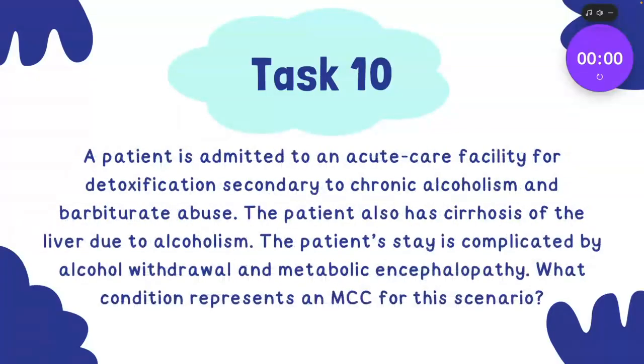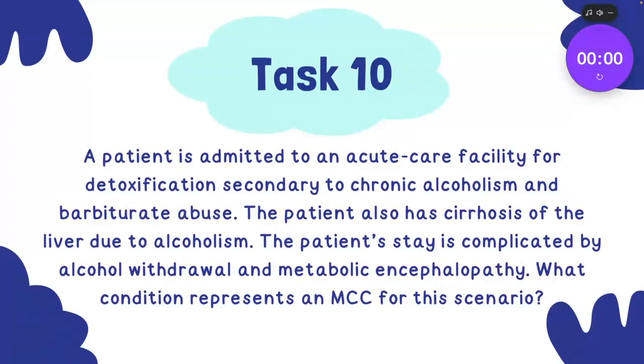A patient is admitted to an acute care facility for detox, secondary to chronic alcoholism and barbiturate abuse. The patient also has cirrhosis of the liver due to alcoholism. The stay is complicated by alcohol withdrawal and metabolic encephalopathy. What condition is an MCC for the scenario? Again, the first thing you've got to do is identify the principal diagnosis.